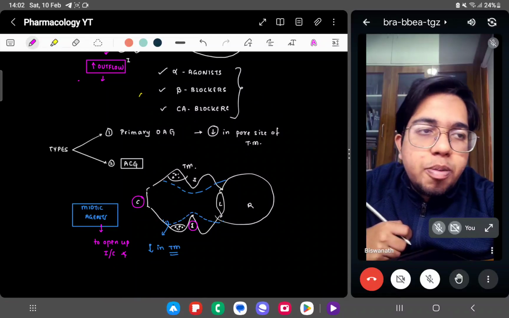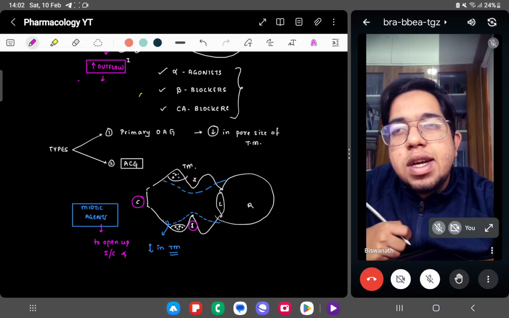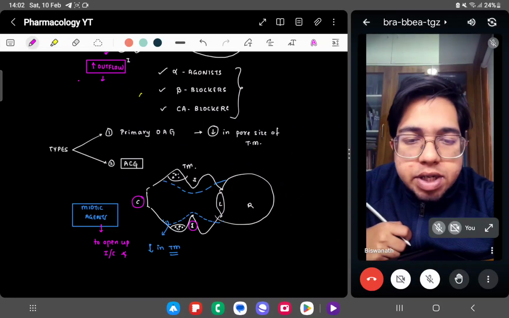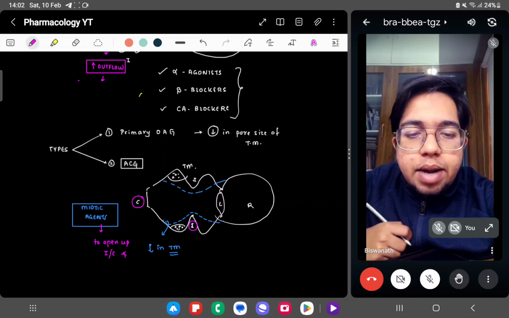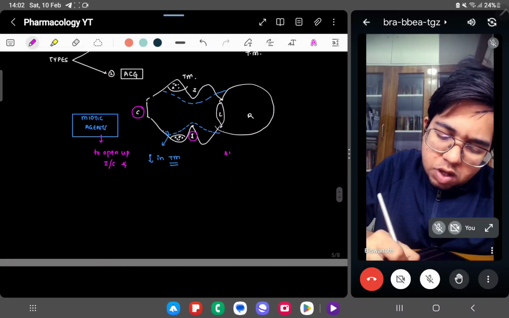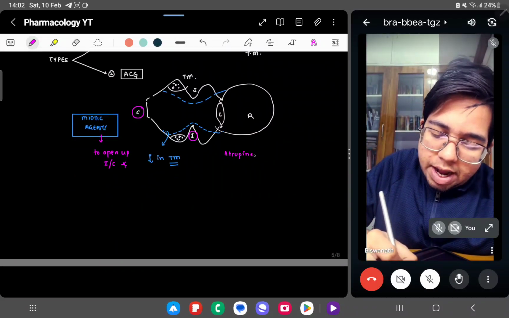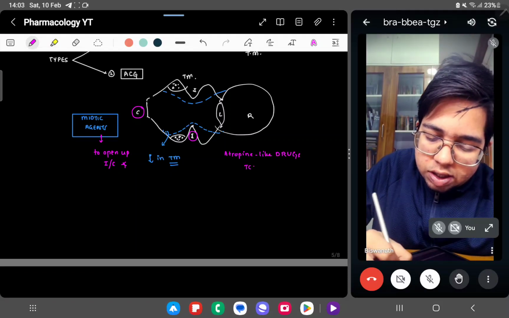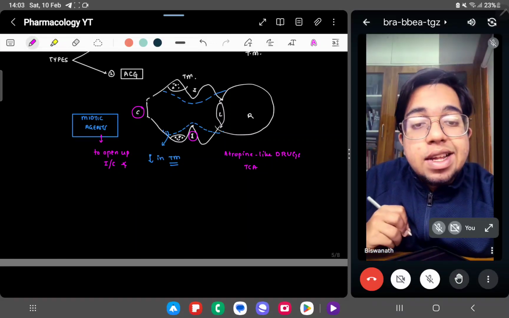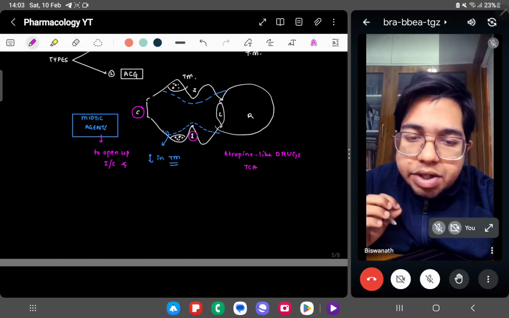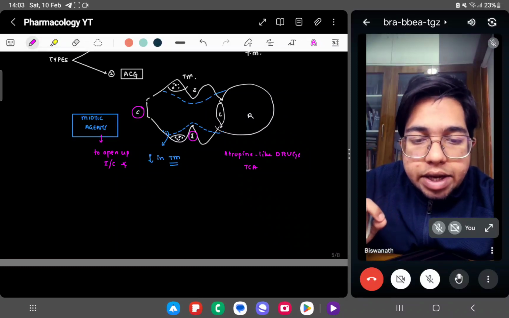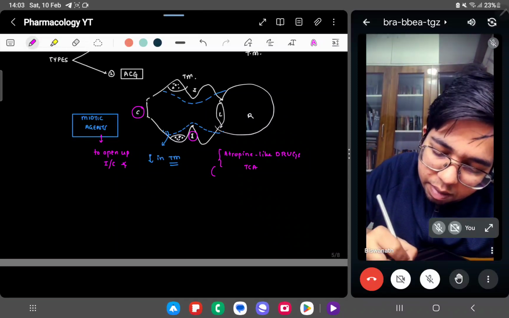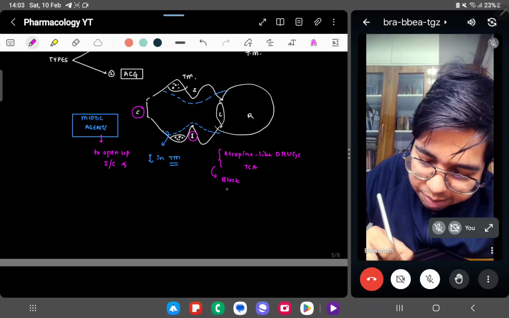Let's assume you gave atropine, or atropine-like drugs, or some tricyclic antidepressants, then these have anticholinergic action. You know that if these have anticholinergic action, these drugs will block which receptor?